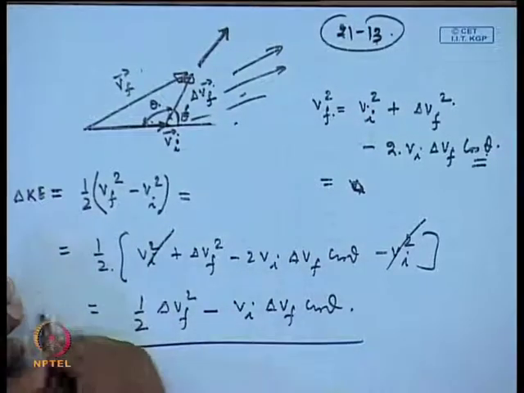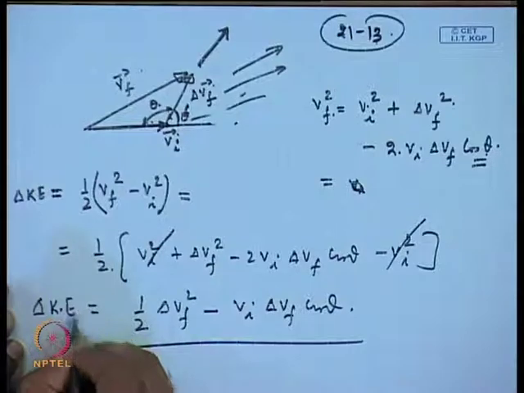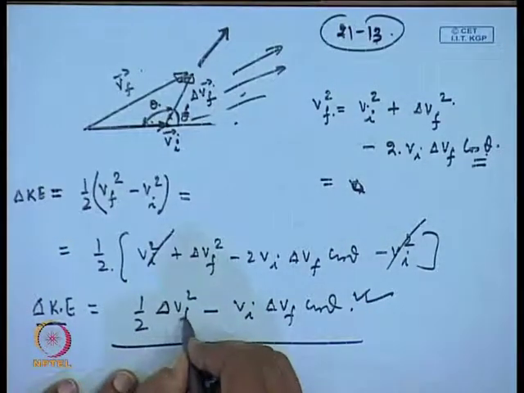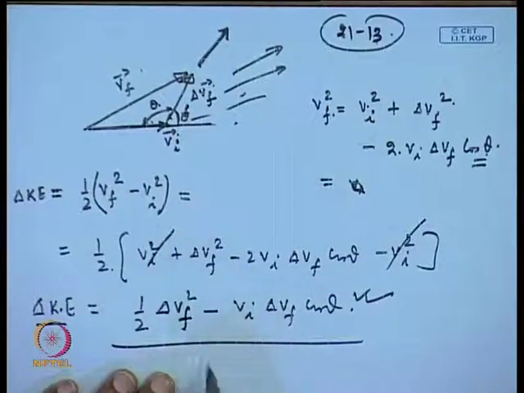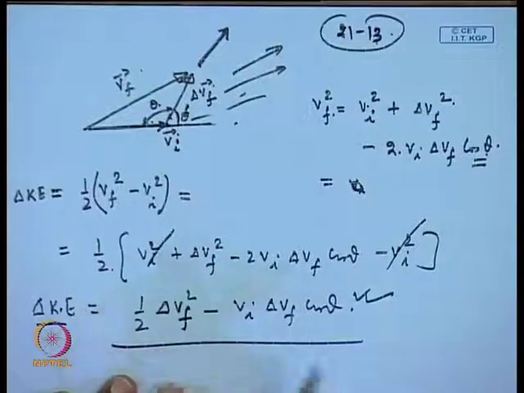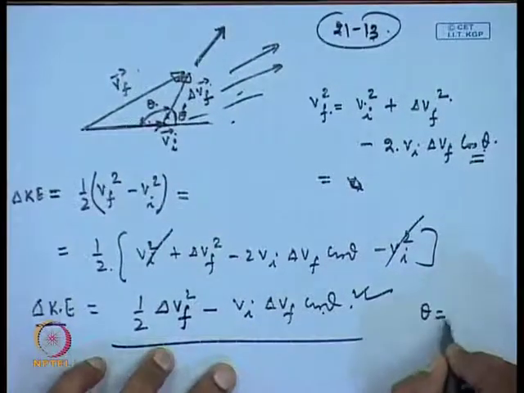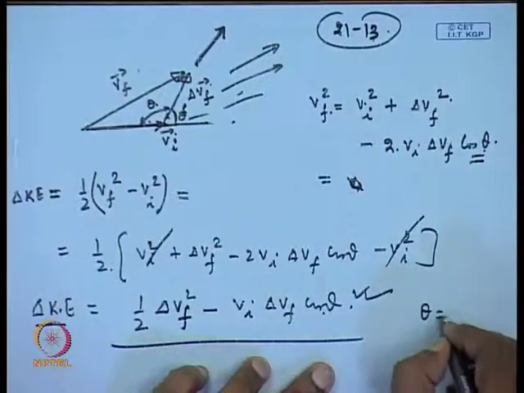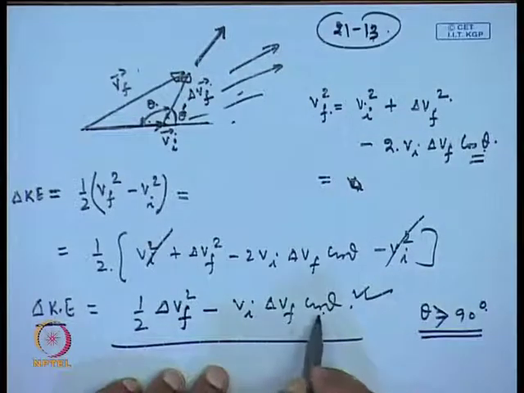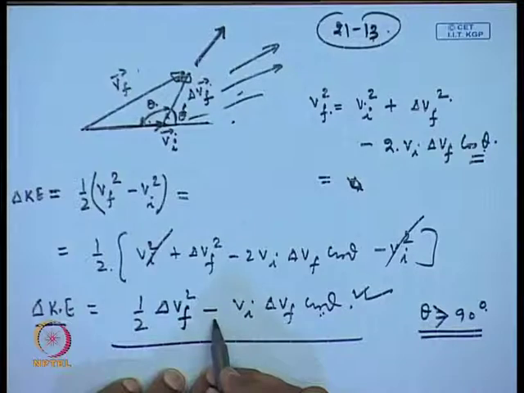Now, you can see from this that the change in kinetic energy depends on this term, because the delta V f magnitude is fixed. We are taking this for a fixed amount of impulse. So if theta is more than 90 degrees, this quantity is going to be positive.